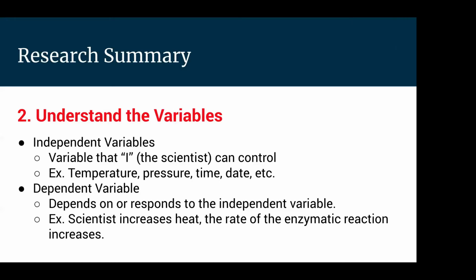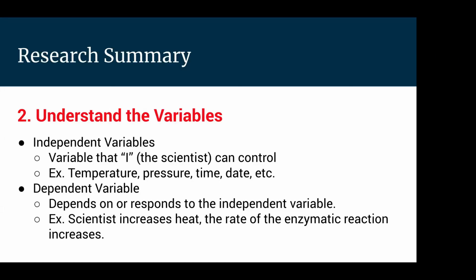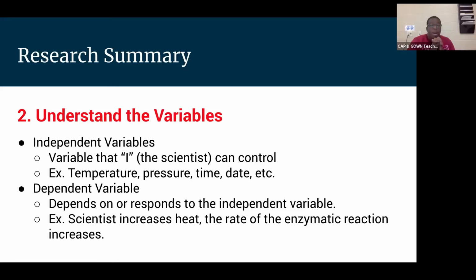The first portion. Why? Because the scientist is controlling the heat. The rate of the enzymatic reaction is the dependent variable because after the scientist changed the independent variable, the rate of the enzymatic reaction increased in response to the increase in heat.